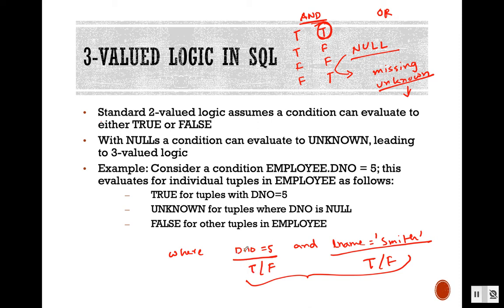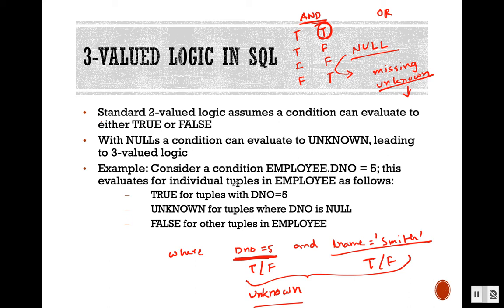Now what if one condition value is unknown? It's not either true or false, it can be unknown in the database. For example, consider a condition where Employee.Dno equals 5.